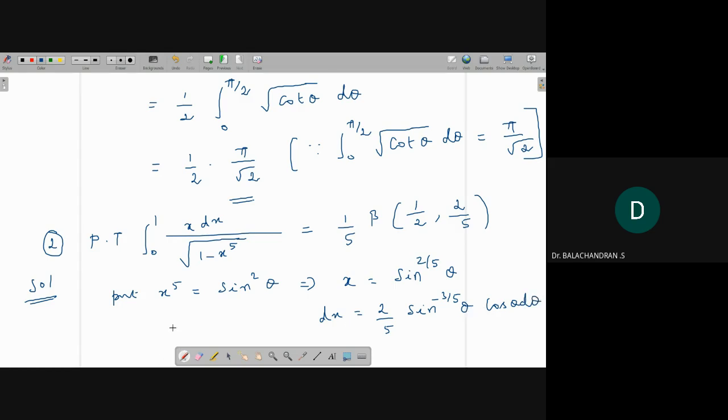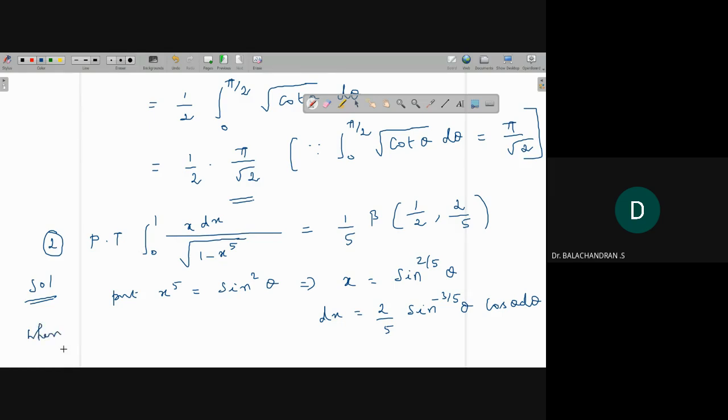And I need to find the limits. When x is equal to 0, 0 equals sine theta, so this implies theta equals 0.